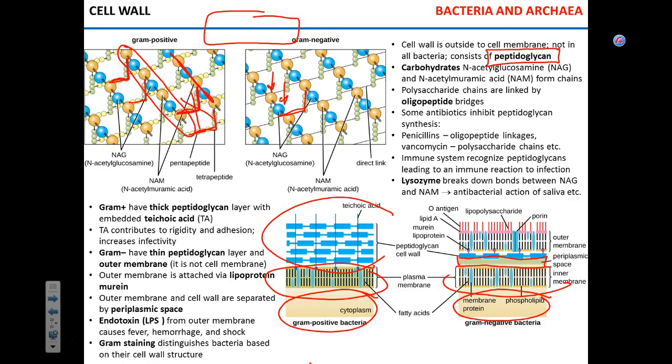Now, a human protein called lysozyme breaks down the links between these two units of the cell wall, and lysozyme is an antibacterial protein. It can be found in saliva, tears, mucosal secretions. Natural antibacterial drug. Question?